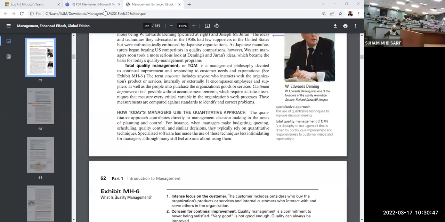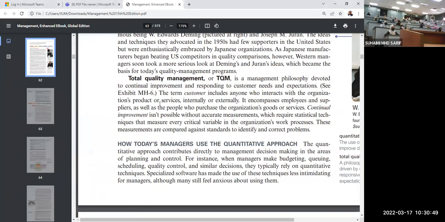Here, TQM. If you do not know what TQM is, for example, have you heard the term ISO? Nowadays, if you purchase online, they ask you to give a rating, right? What is your star rating? 4 star, 5 star to the person.